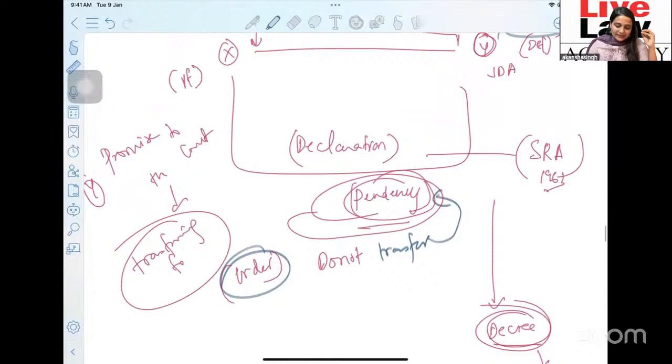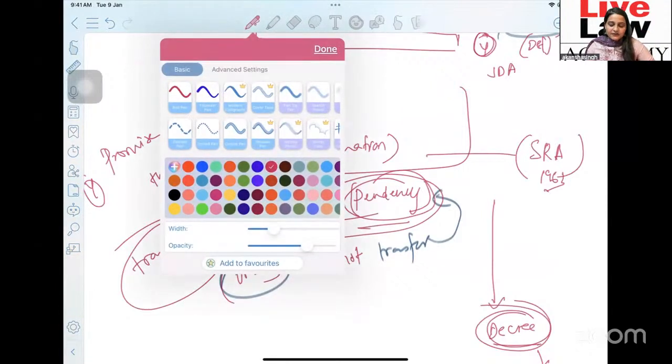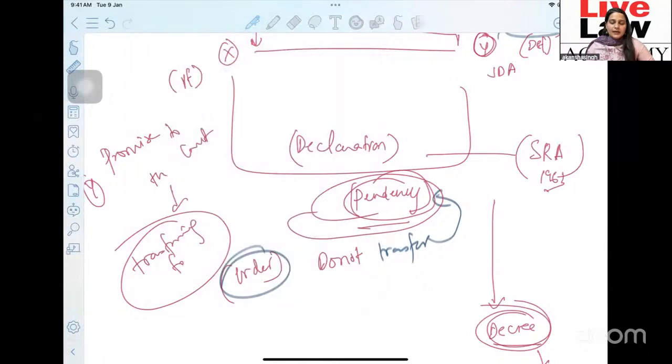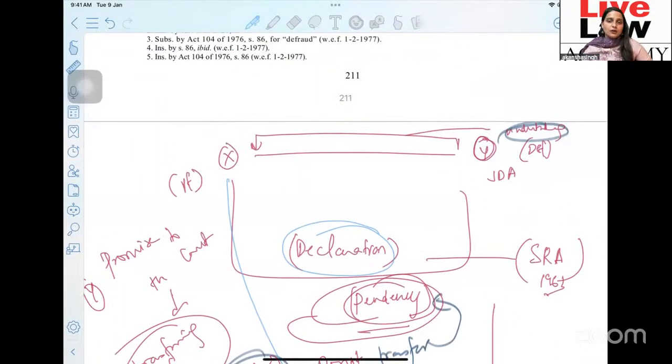Now, what really happens in this case is, did X win the case? No. X did not win the case. For the suit related to declaration that he had filed, he did not win the case in the end, and the court says that with all the evidence that you have provided, we do not see that the defendant had actually committed a breach of contract.